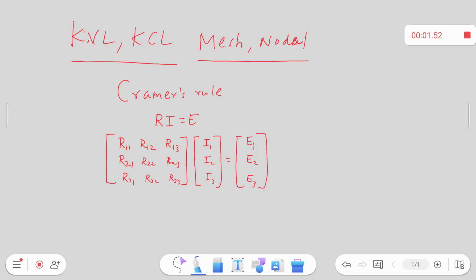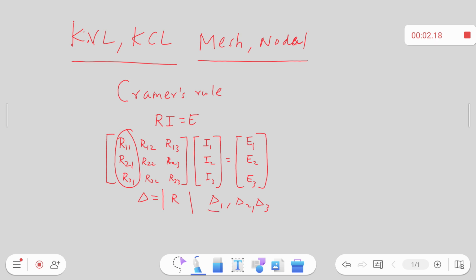Now using Cramer's rule, I can calculate the determinant of this R matrix, which will give me the del value. Del 1, del 2, del 3 are calculated by replacing the first column of the resistance matrix by the voltage sources, so I'll get del 1.